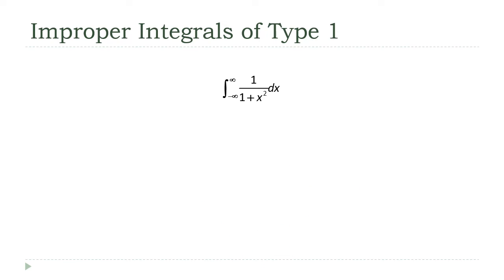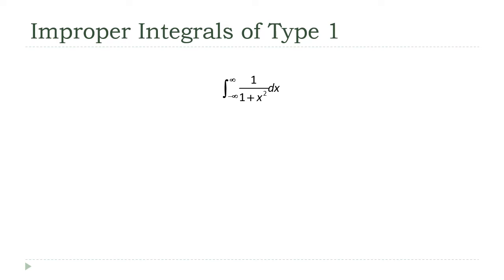All right, so how about this one? Right here we have that third case where we're going from negative infinity to positive infinity. So I have to split this up. And to see where I'm going to split it, I'm looking ahead to what the antiderivative is and picking a number that I can evaluate that antiderivative at.